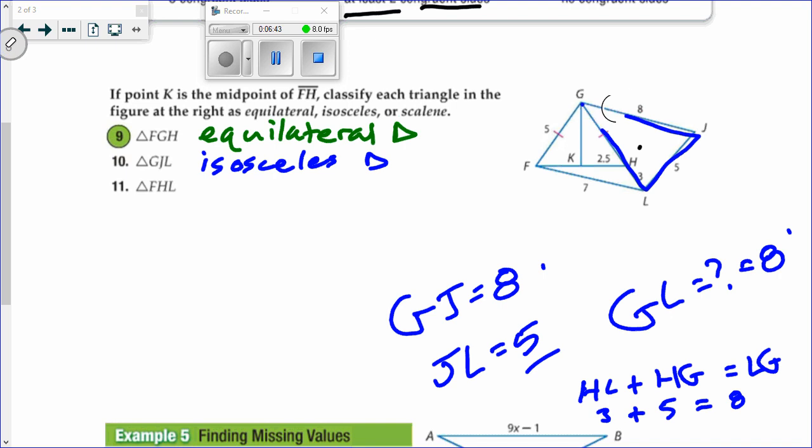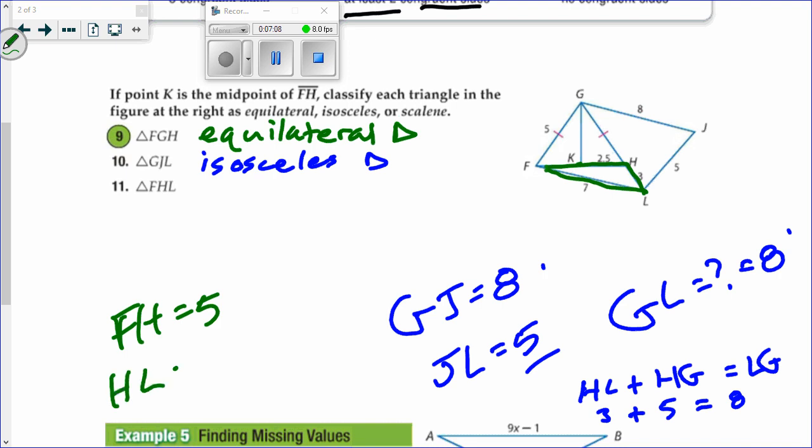Lastly, let's look at triangle FHL, the last triangle we have here. What's FK? FK we said was 2.5, correct? So FH would be equal to 5.